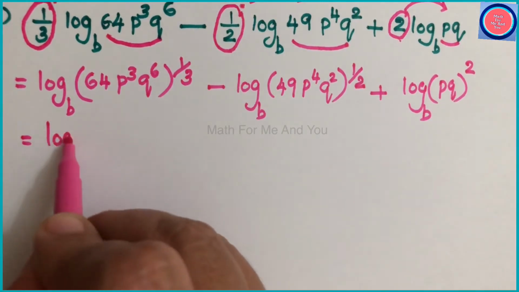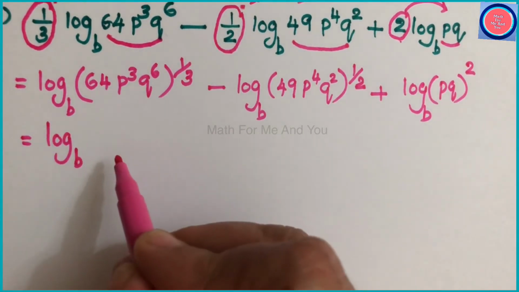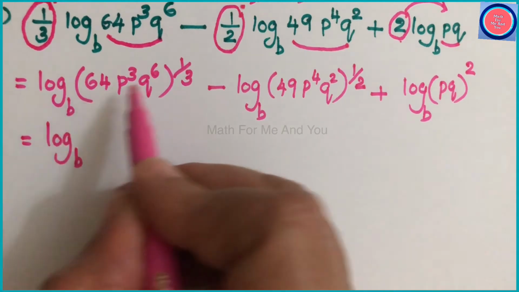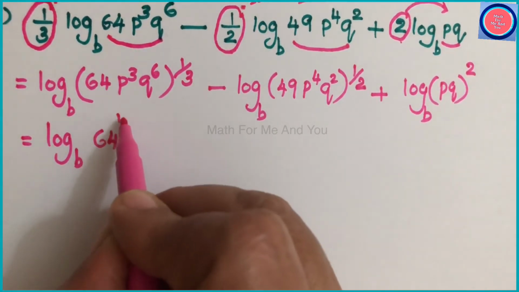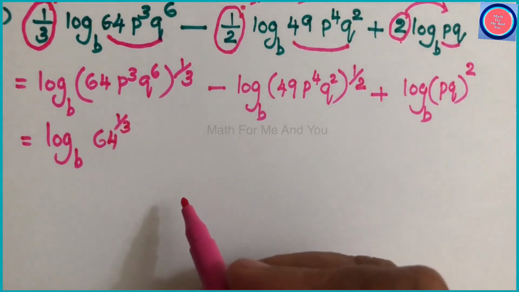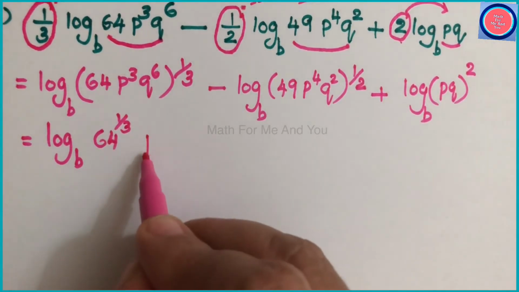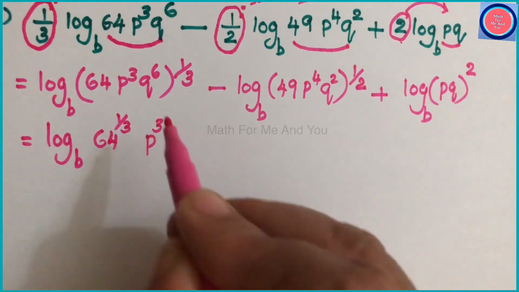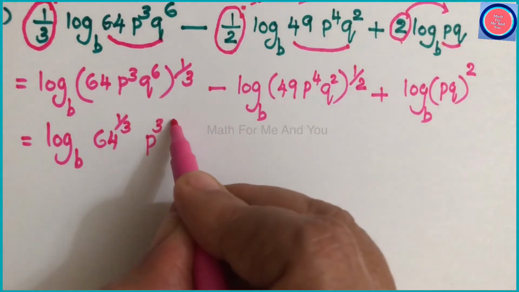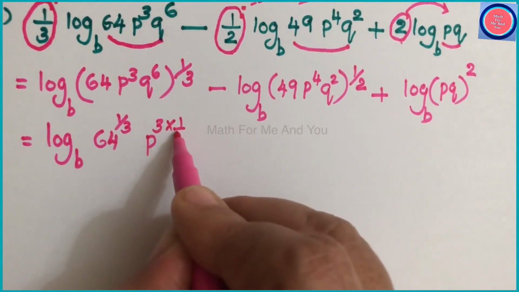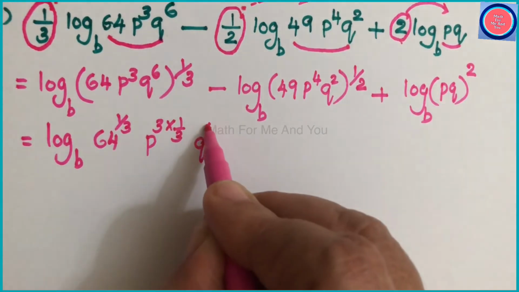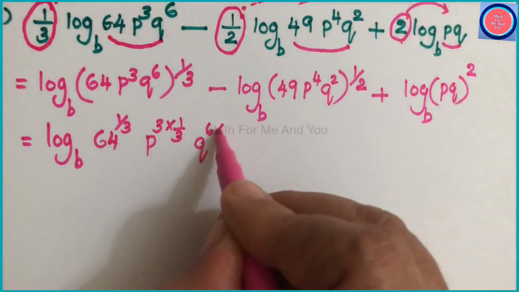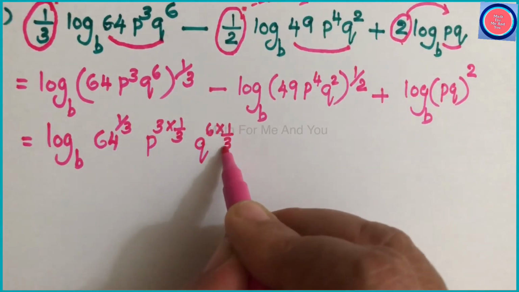Now simplify each bracket. Log to the base b. Here 64, the first number, gets the power 1 over 3. Then p power 3 gets the power 1 over 3. Already power 3, again with 1 over 3 means it is 3 times 1 over 3. So p power 3 times 1 over 3. Q will get the power 6 times 1 over 3.